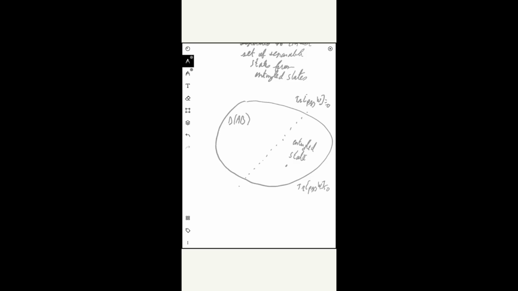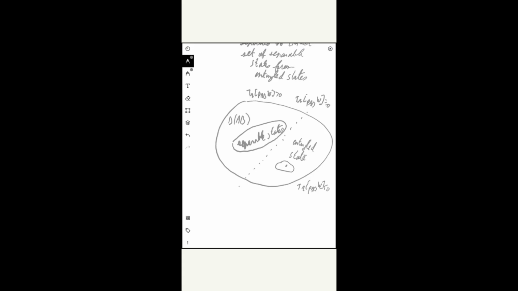And here you have the trace of rho AB W strictly superior to zero, and so it's just the separable states that you can represent.